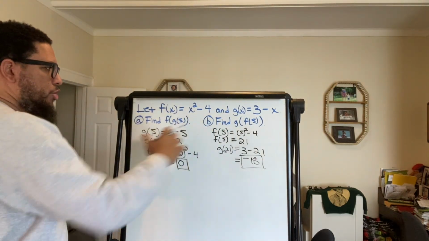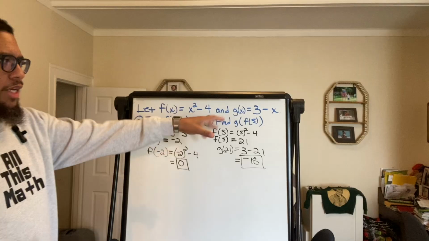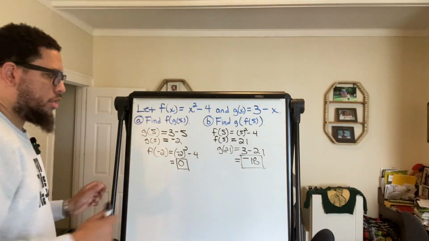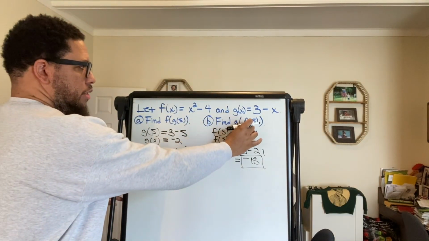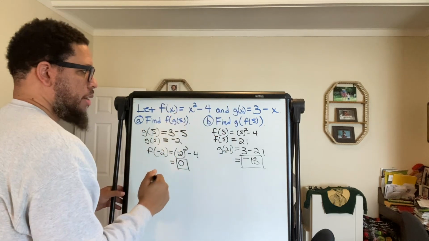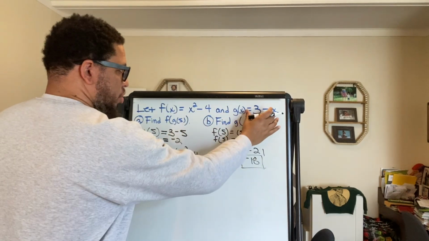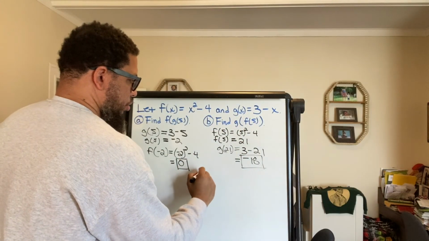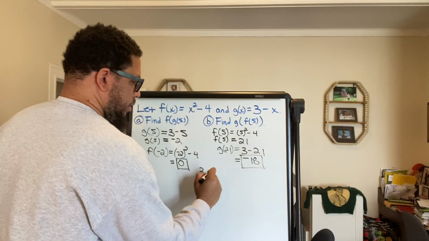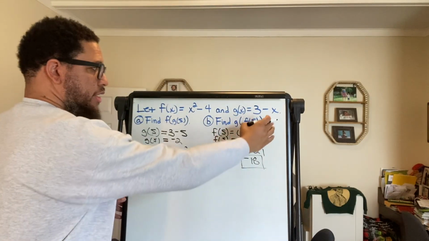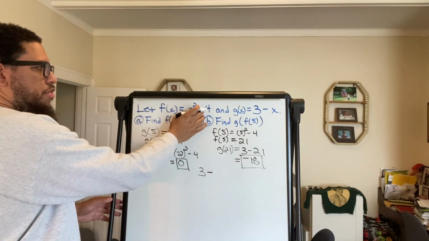So let's take this one right here. Instead of working inside out, they will rewrite this in the form of both functions at the same time. So I'll take the G. The G is on the outside. So that means they'll write this first. They'll do 3 minus, and then whatever x is, that's where you put the f of x.